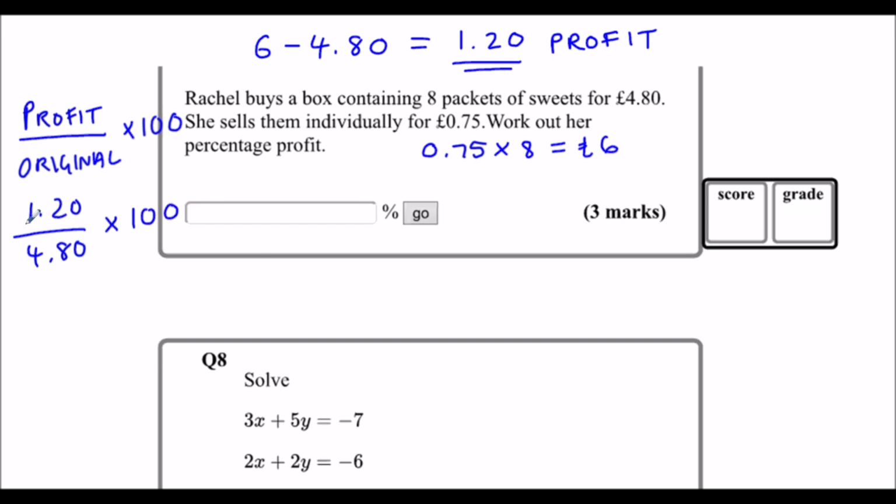So how many £1.20s make £4.80? That's 4. So this actually simplifies. I can simplify this fraction by dividing top and bottom by £1.20. So that'll give me 1/4 times 100. And 1/4 of 100 is 25%.